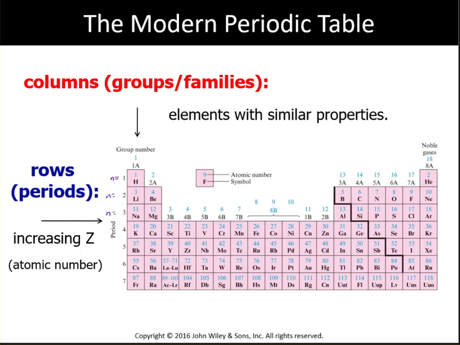Now, in energy level 1, we only have sublevel s, right? And in the s sublevel, we can have a maximum of 2 electrons. Now look, groups 1 and 2 are called s block elements, meaning that the s sublevel is being filled up.